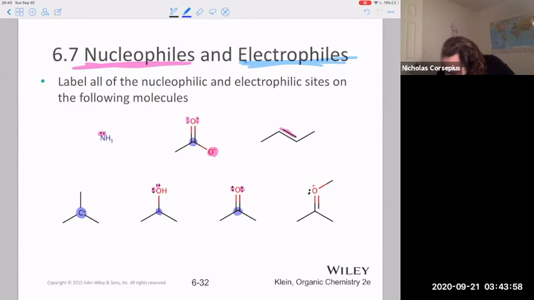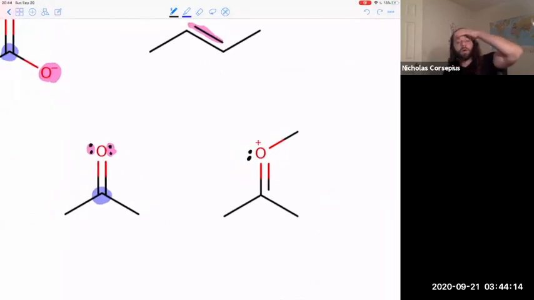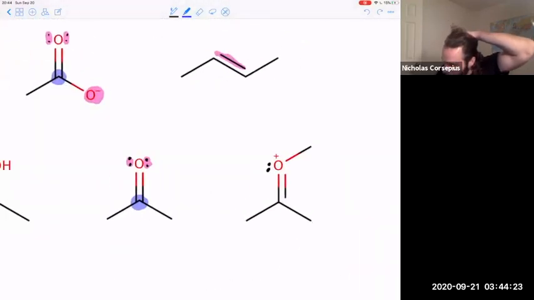And then this carbon in a carbon-oxygen bond in an alcohol is also electron deficient because of that polar carbon-oxygen bond. So then this compound here is kind of a weird one. I did this example specifically to caution that you might be tempted to think, because it has a positive charge, we want to call it an electrophile, right?